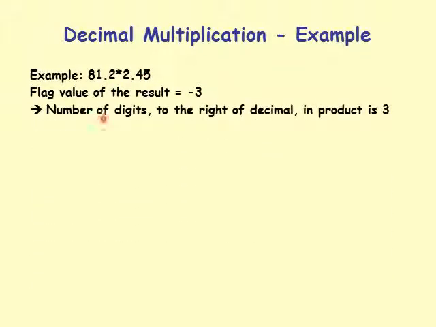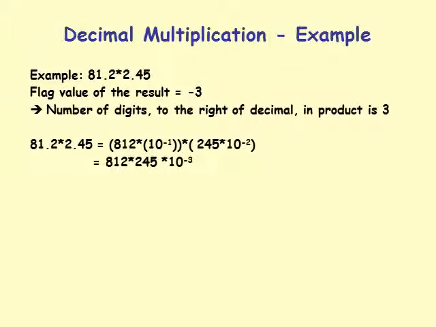The number of digits to the right of the decimal point in the product must be 3. So 81.2 times 2.45 is 812 times 10 to the negative first power times 245 times 10 to the power negative 2, which is 812 times 245 times 10 to the negative third power.